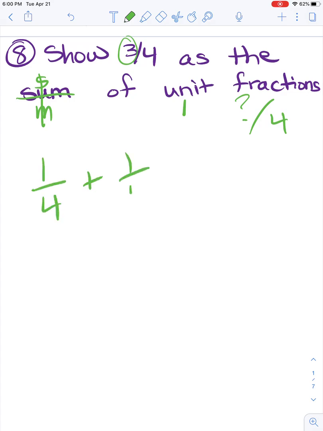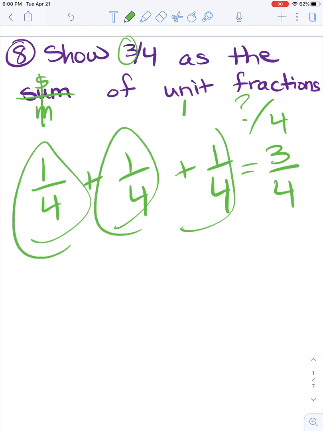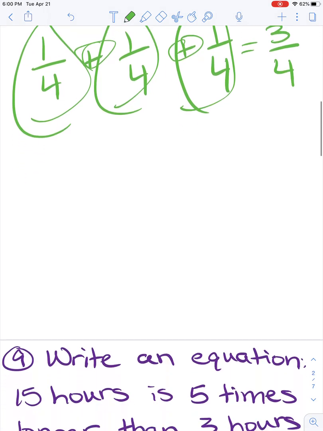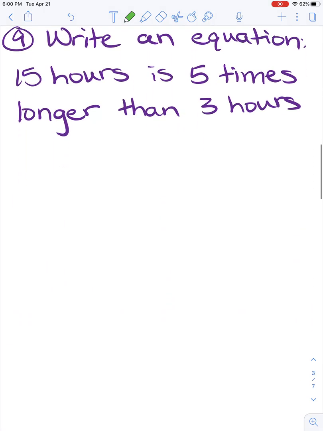So we are going to do 3 unit fractions of 1/4, adding them together. My denominator is the same. We keep it the same. We add our numerators. We did it right. 1/4 plus 1/4 plus 1/4. The sum means addition, unit means 1, and the fraction has the denominator of 4.